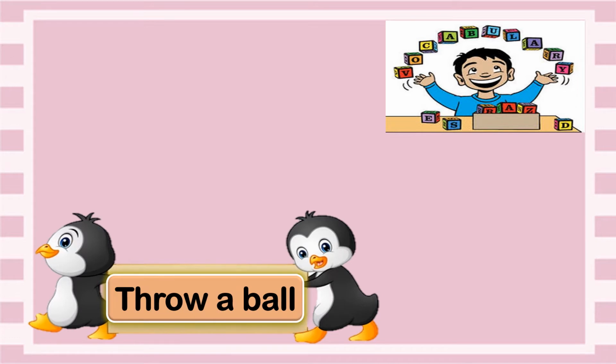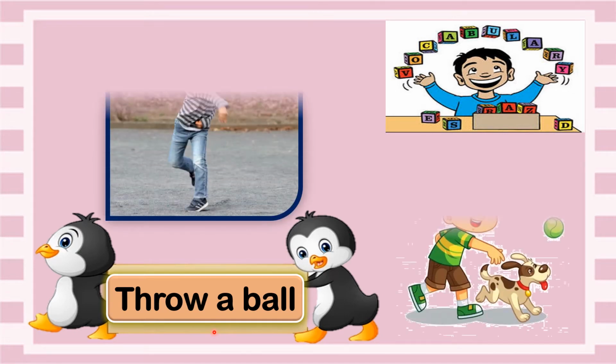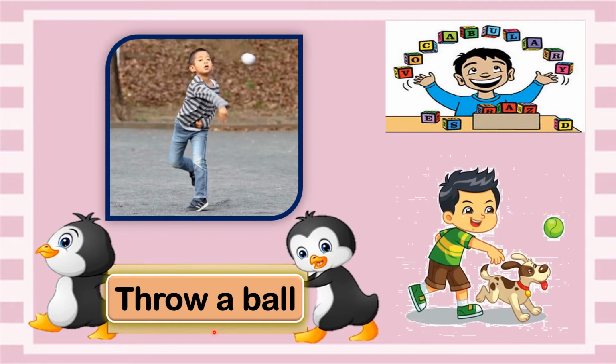The first word that you can see here is throwing a ball, or throw a ball. These are examples of children throwing balls. The first one is playing by herself, and the other boy is playing with a pet, a dog.